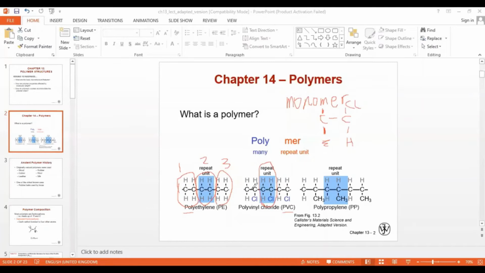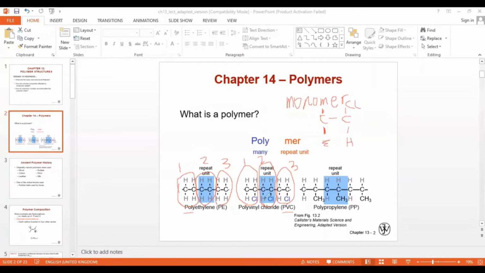Here also, if I take 2 carbon, 3 hydrogen and 1 chlorine, this is again a monomer. So these all are monomers. In this complete link we have 3 monomers.